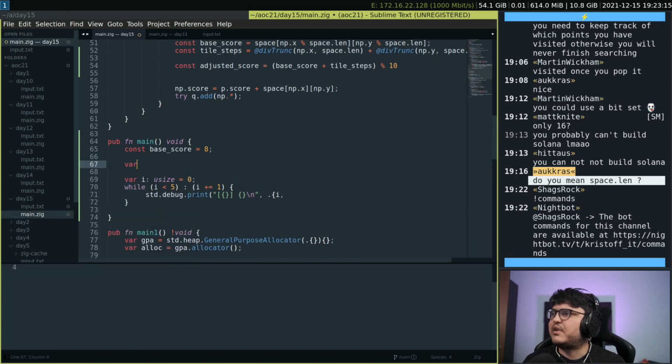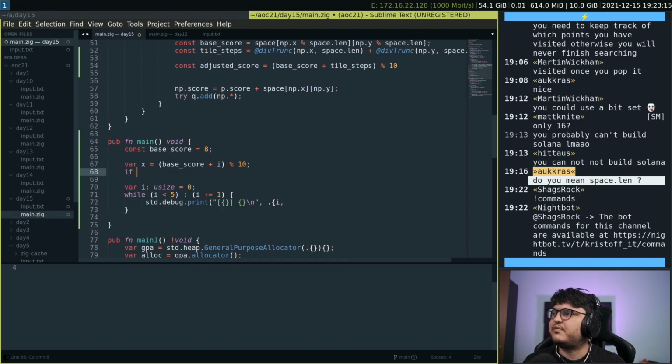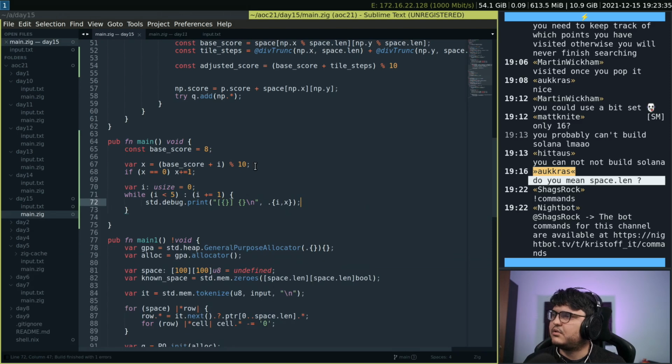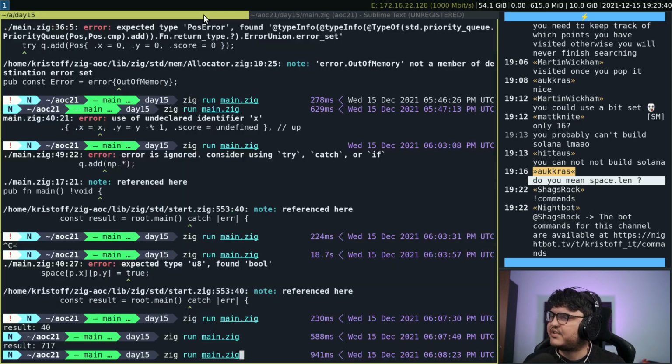Well, no, var x equals this, and if x equals 0. Oh, I already know that I can't do this. At least not this way. But let me just do it. Plus equals 1. Then we do x. Okay, let's see how this goes.